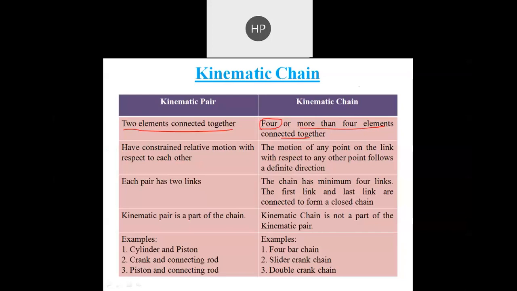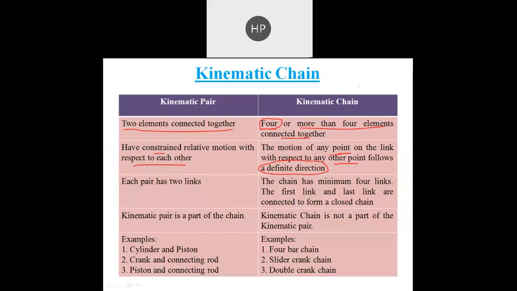In a kinematic pair they have constrained relative motion with respect to each other, while in a kinematic chain the motion of any point on a link with respect to any other point follows a definite direction.